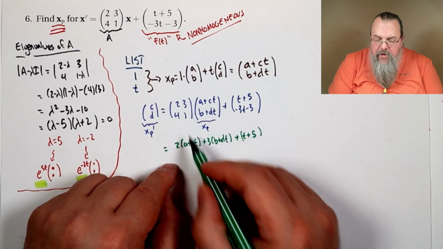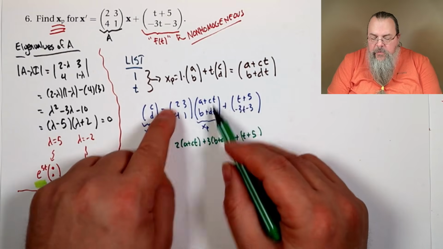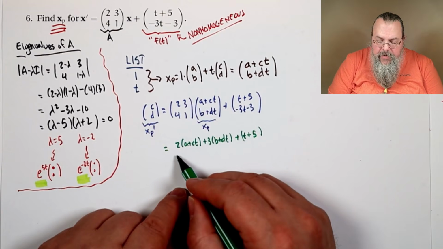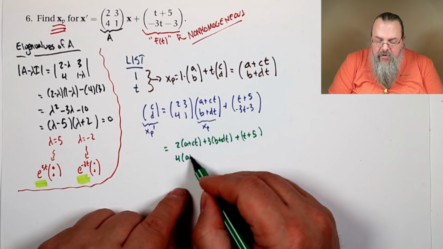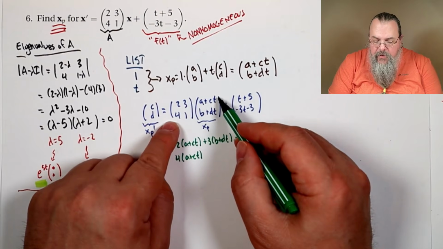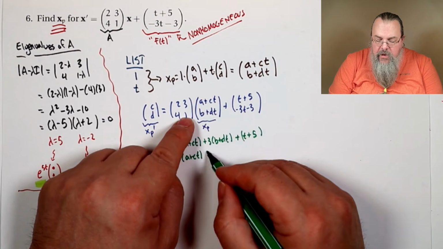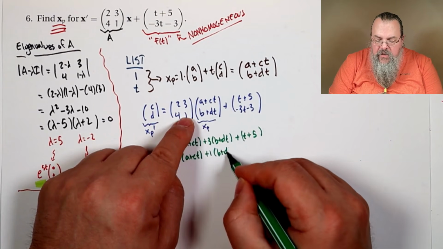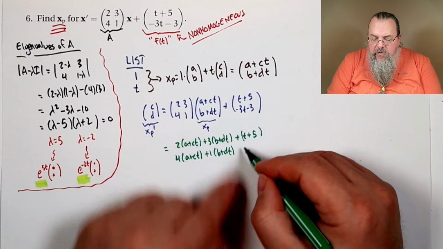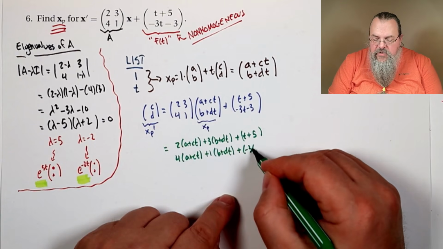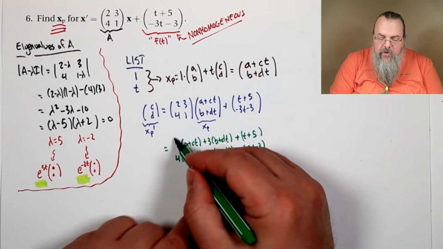And the second entry is 4 times a plus ct plus 1 times b plus dt minus 3t minus 3.